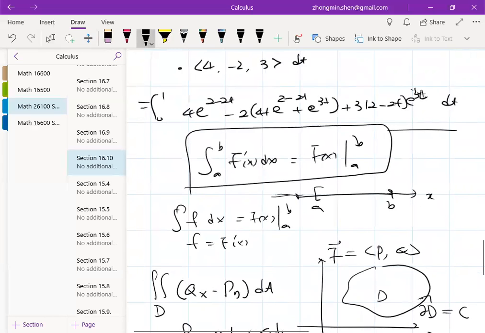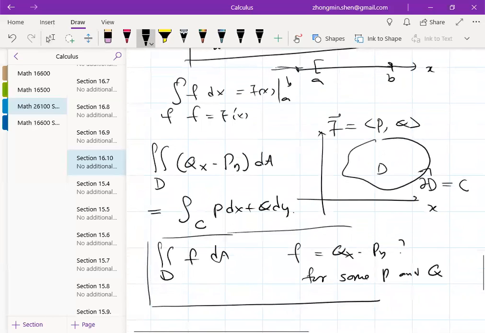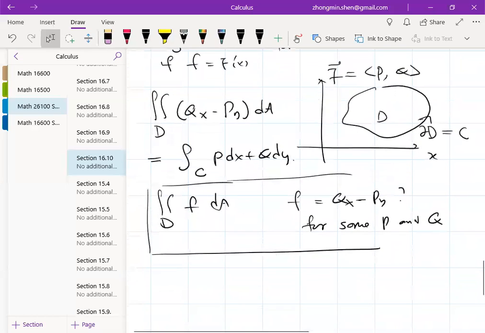It's a very useful theorem. If we're given an integral and we're able to find an anti-derivative, then just evaluate the integral. But if you give a double integral of F, can you find the anti-derivative? You need Q and P, and nobody tells you how to do it. It's hard, so we never try this. But Green's theorem is still useful when we try to evaluate line integrals.